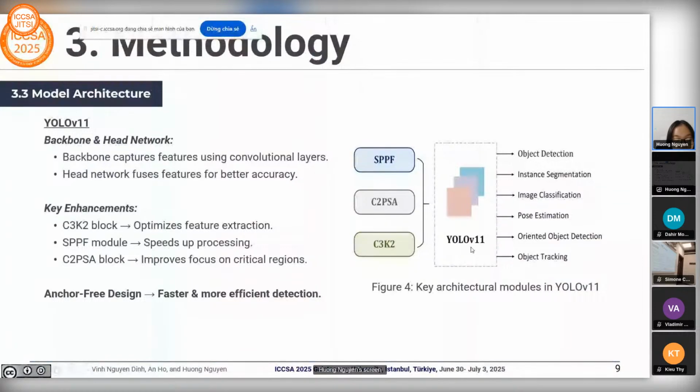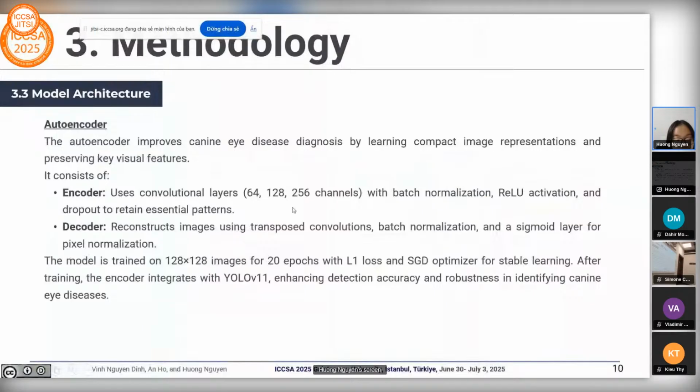And now for the autoencoder, it improves detection accuracy by learning complex but meaningful image features, and it includes an encoder with convolution layers of increasing depth to capture key patterns, and a decoder which reconstructs the image from those complex features.